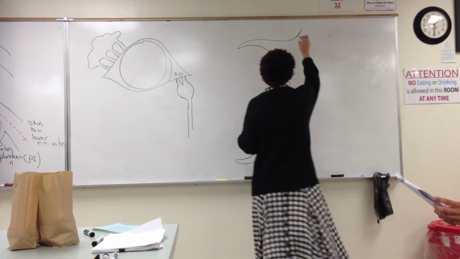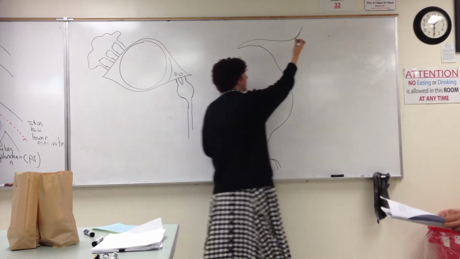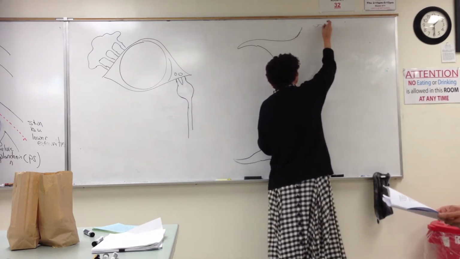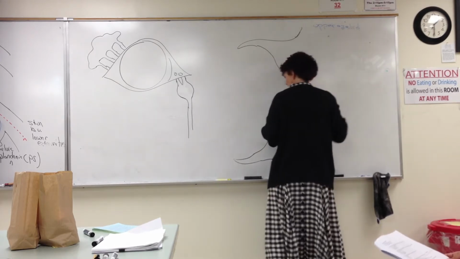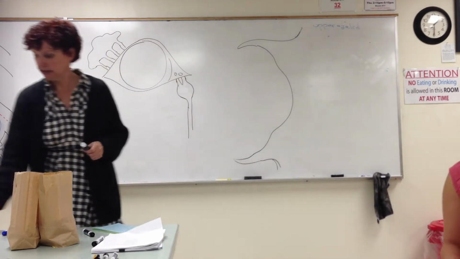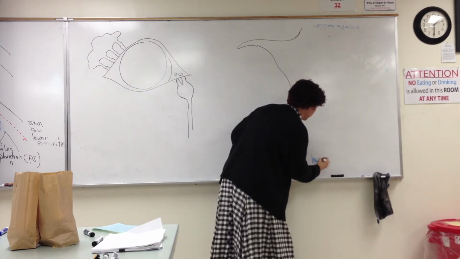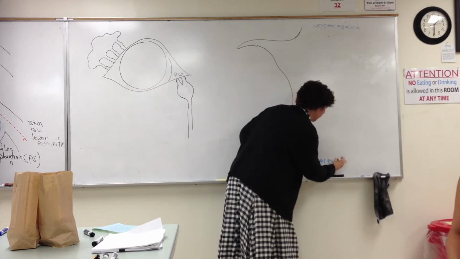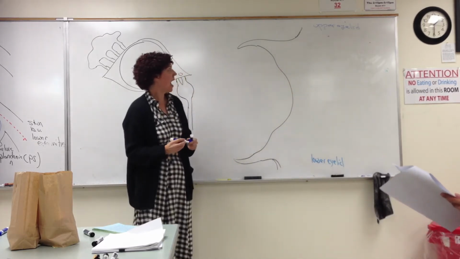And that membrane, this would be the sagittal view of the eye, this would be the cornea, this would be the upper eyelid, and lower eyelid. The eyelashes help to keep dirt particles out. We know about the blink reflex.